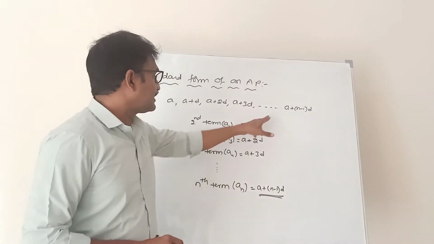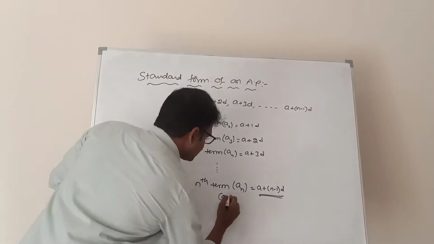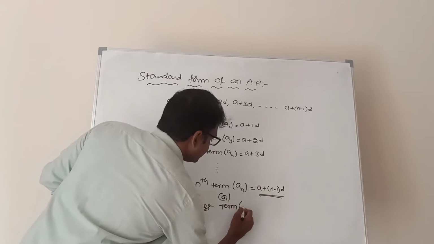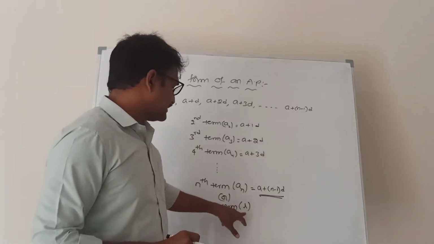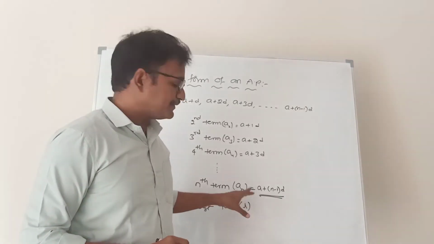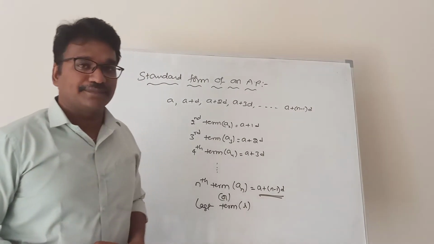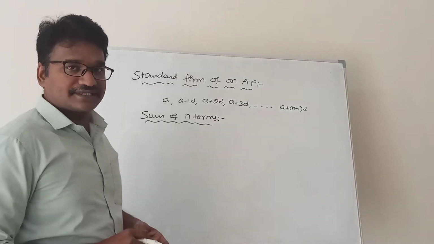The nth term is also called the last term. Last term we will denote with L. Last term means L, or nth term means An. Both are the same. What is the last term or nth term? A plus n minus 1 into D. This is the formula for the nth term.